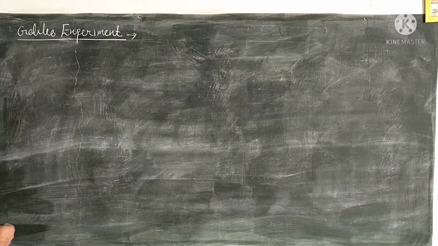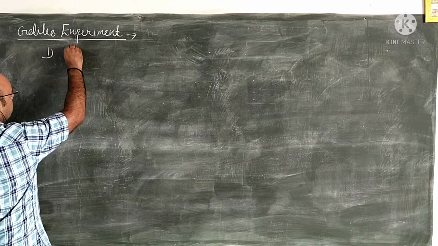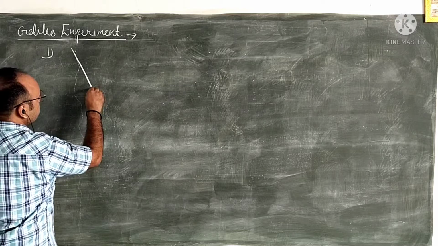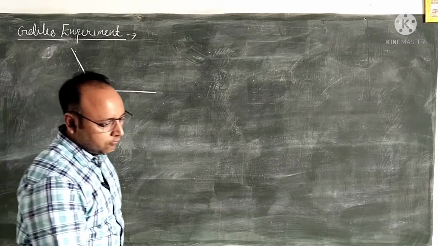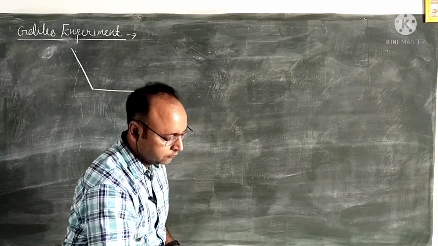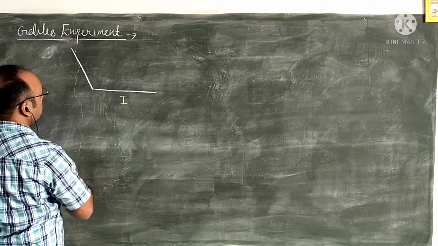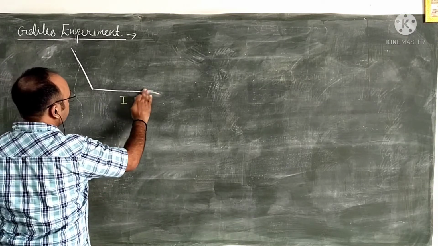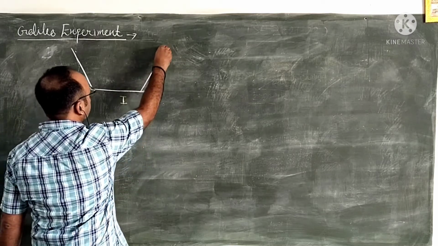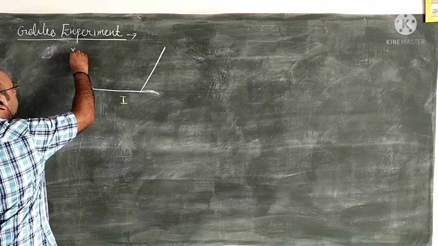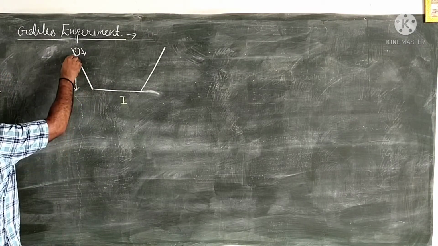Now, what Galileo observed, I'm just drawing a diagram and we're taking different cases. This is case number 1. In this, he used one inclined plane, and on the other side another one like this, and here was a ball which was released from a height h.